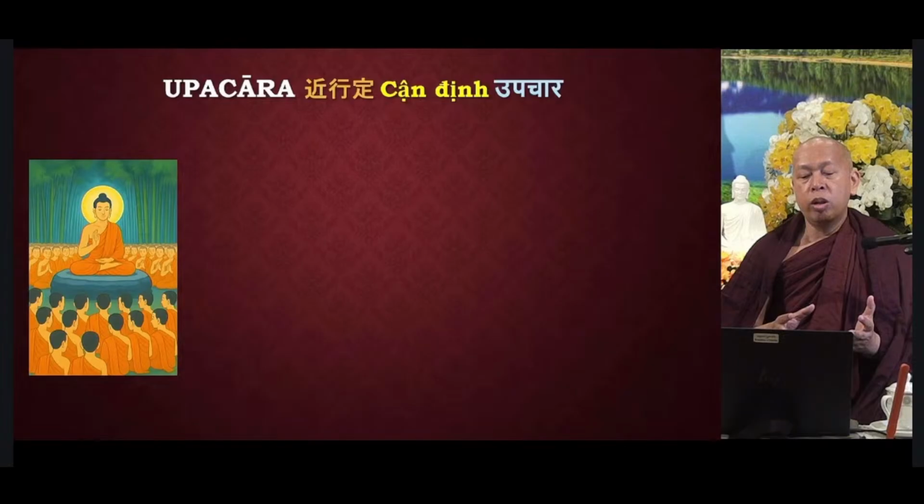Free from defilements means it's a mentality. Mentality is ultimate reality. Very subtle, very deep, very profound, very difficult to understand. That is why when we do Buddhanussati, we can attain only access concentration.